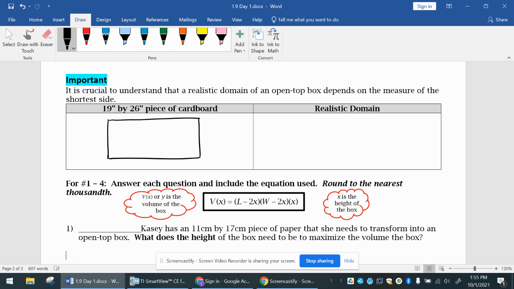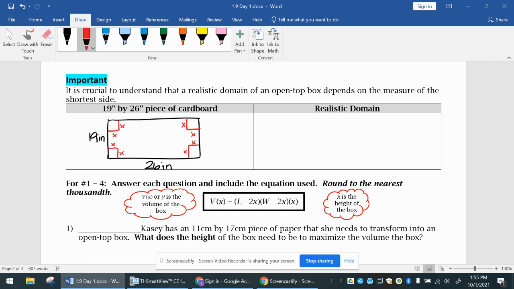So think about the problem that was 19 inches by 26 inches on the front page of the notes. Essentially, we're cutting out little boxes from each of the corners that have a length of x, an x by x, to create the biggest box possible that holds the most volume, okay?